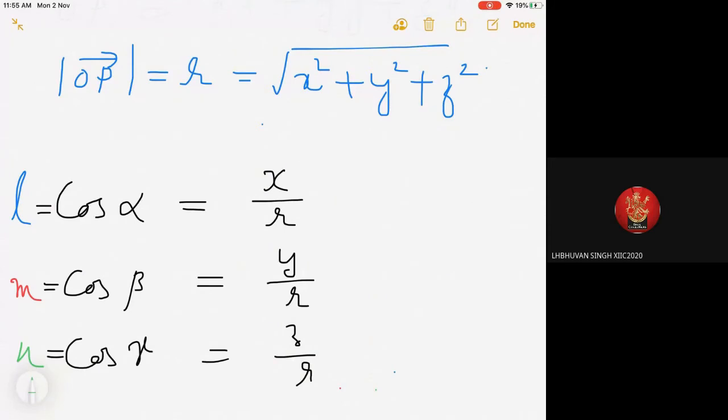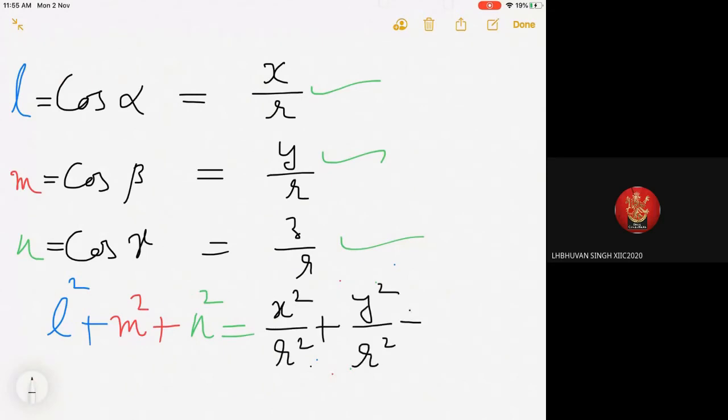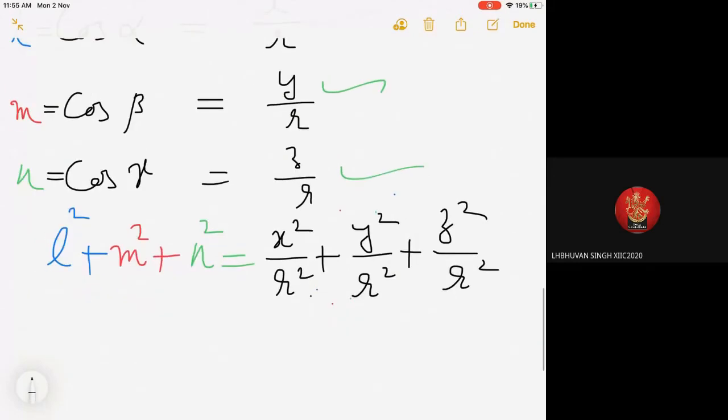Now, if you square all these direction cosines, so squaring and adding, what you get is x square by r square plus y square by r square plus z square by r square, and r square is the LCM.